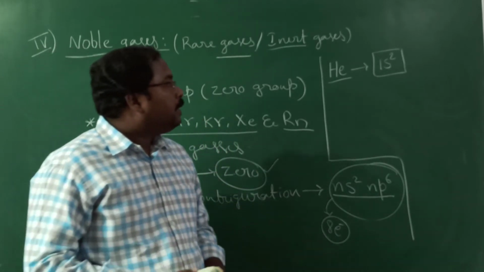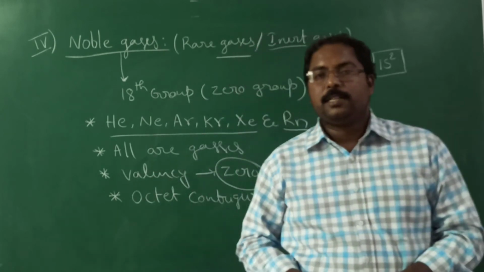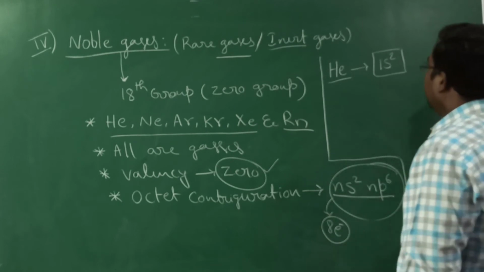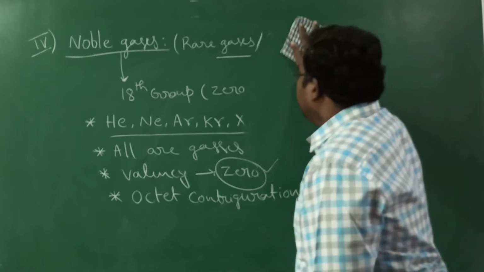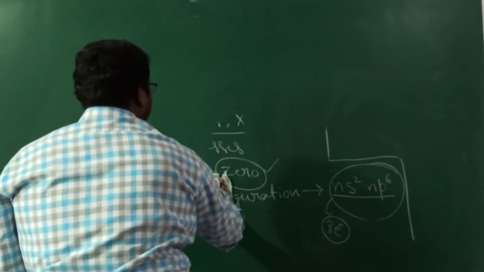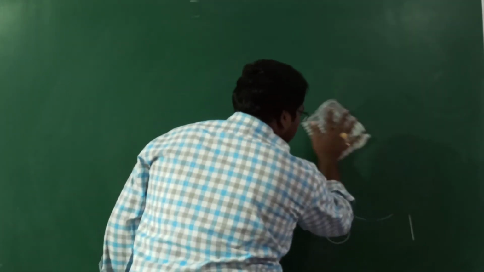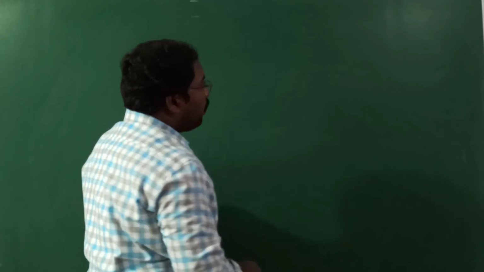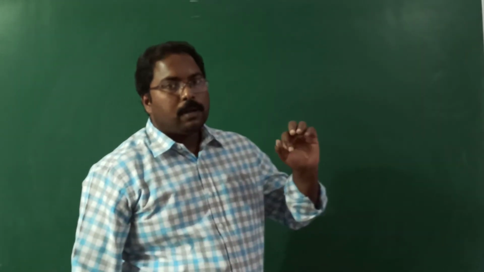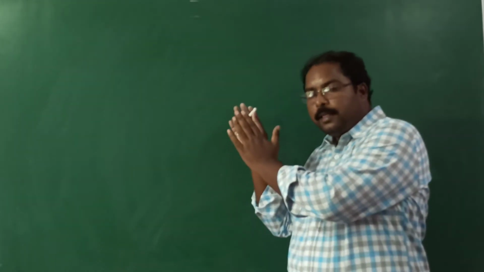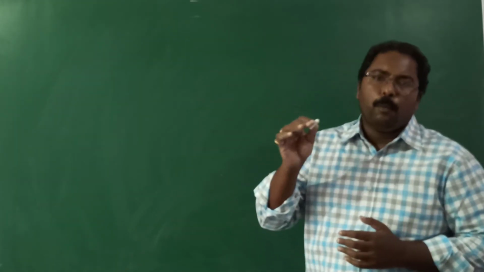Now, this is about the classification of elements based on their properties. Till now we discussed the different types of elements, as well as the different periods and groups of the modern periodic table.